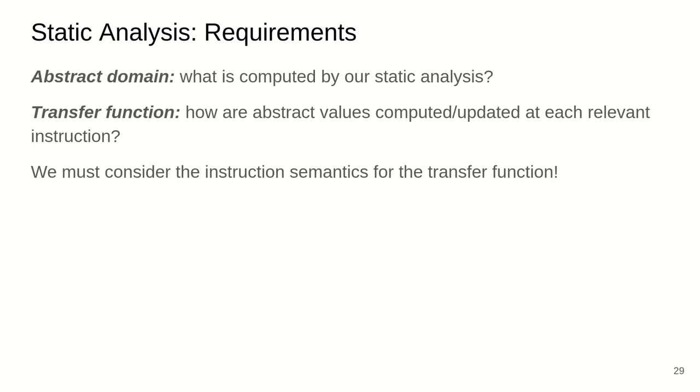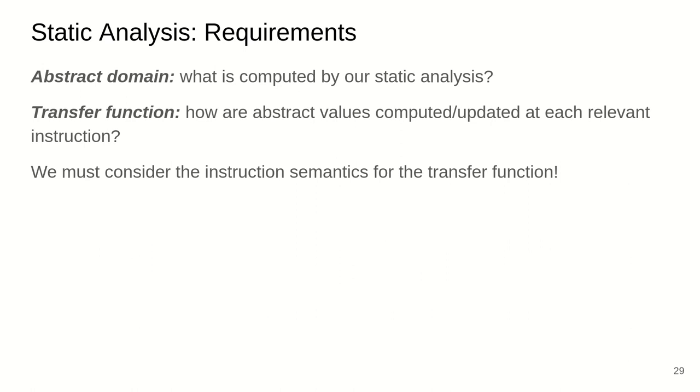Now, the requirements for the static analysis are the abstract domain, like what is actually computed, what is needed by our static analysis, and where do we need this information. And we then need a transfer function to abstract the values into this abstract domain, allowing us to update the values accordingly. So in the range analysis, we didn't compute with concrete values, but ranges.